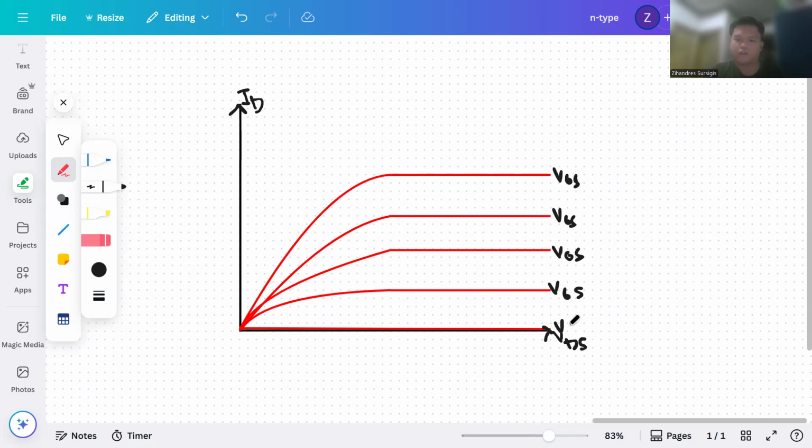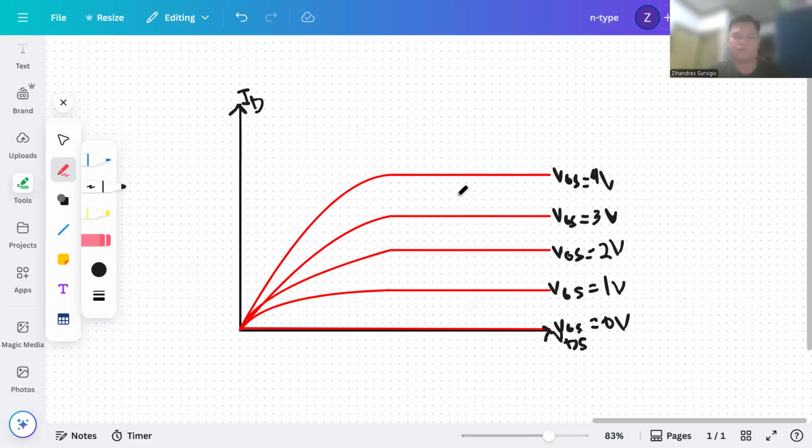So maybe let's set this at 0, then at 1, at 2, 3, 4. This is in volts. So as you can see, habang nag increase yung VGS natin, nag increase din yung drain current. But as the VDS increases, this graph shows now the drain current remains constant. So this is what happens kapag nasa ideal world ka, kapag the non-idealities were not considered.